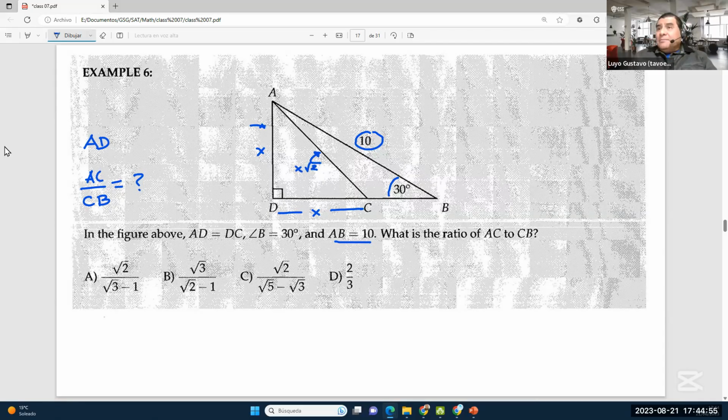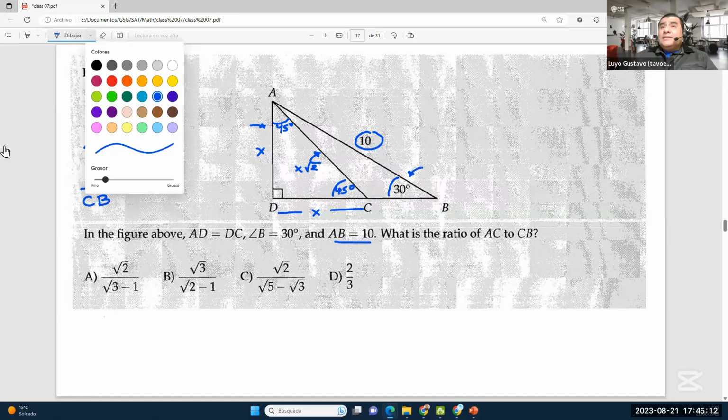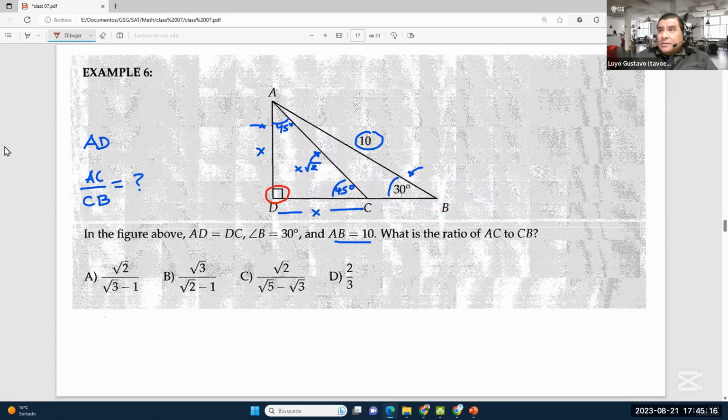At the same time, this is a 45 and 45-degree angle. And because triangle ABD has one interior angle of 30, that means that the other interior angle that is not the right angle, this angle here, must be a 60-degree angle.